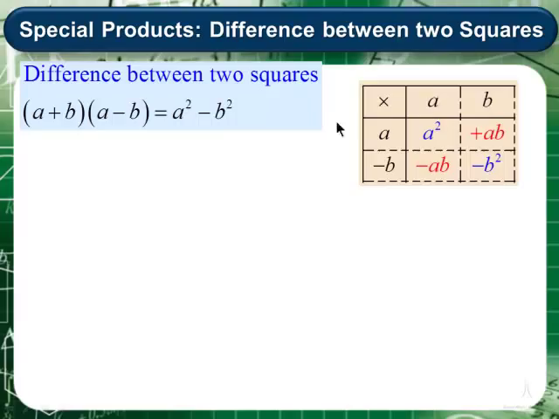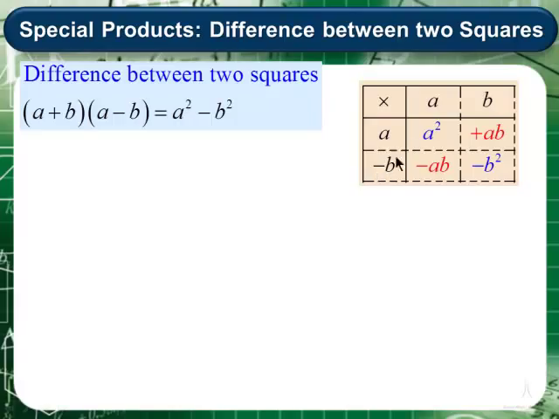Let's apply our grid method that we saw before, and let's list the first binomial, the terms a and b, in the first row as before, and a and minus b in the first column for the second binomial of this product.